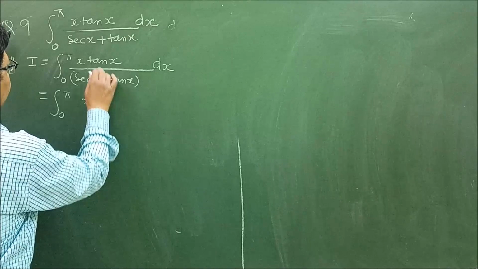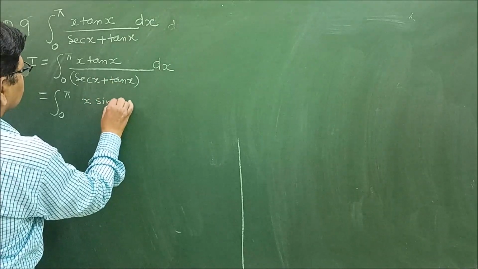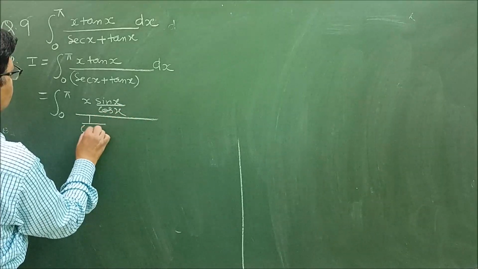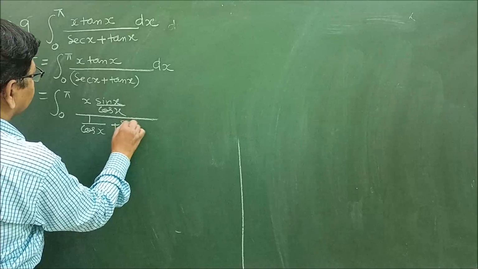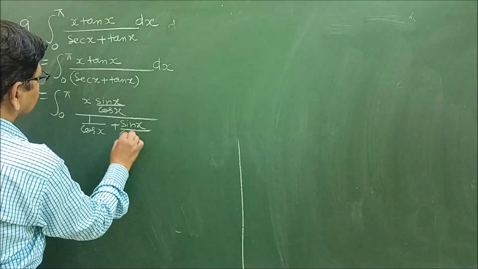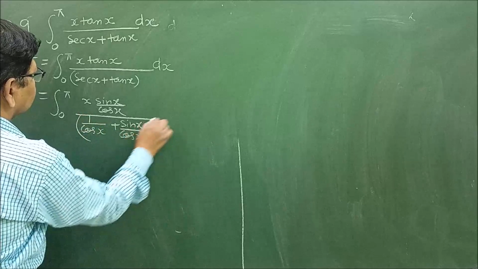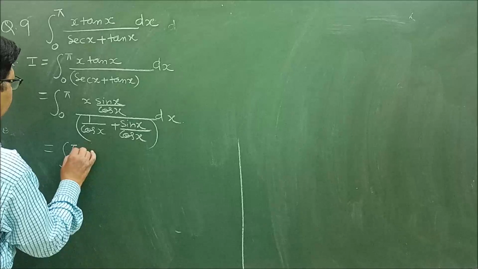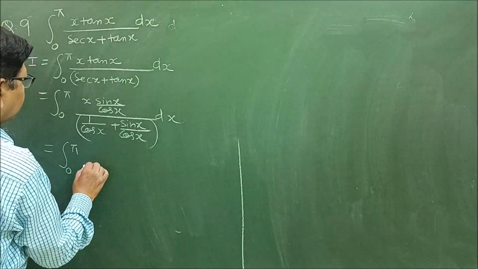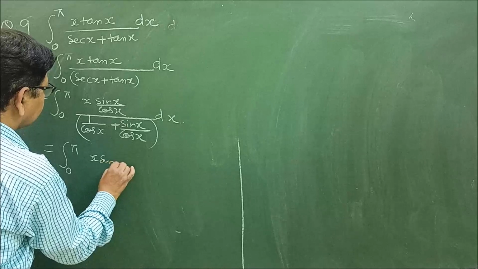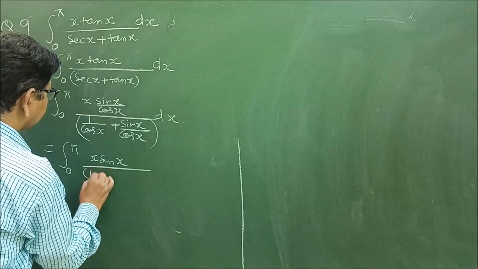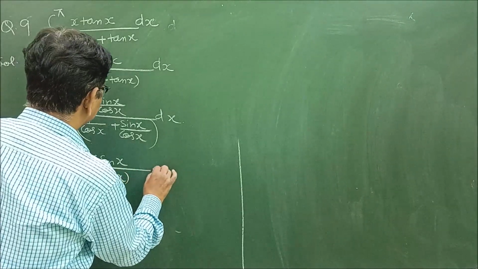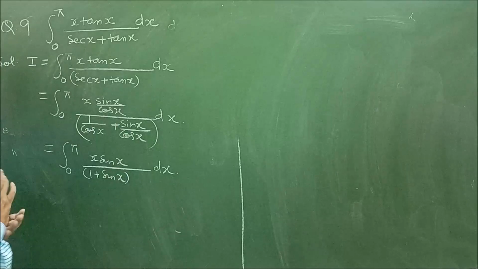Tan x is equal to sin upon cos, sec x is 1 upon cos, plus sin upon cos, dx. So this definite integral reduces to 0 to pi x sin x upon 1 plus sin x dx. This cos x gets cancelled.